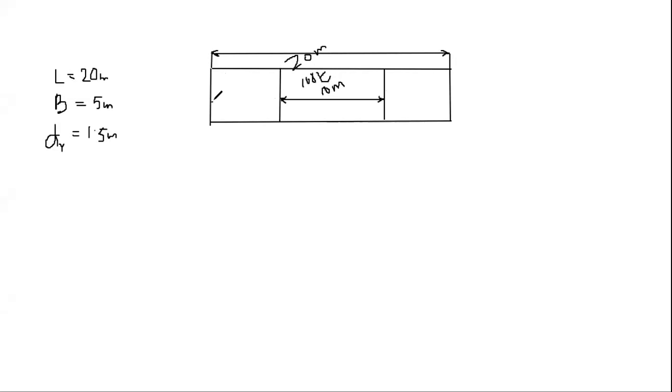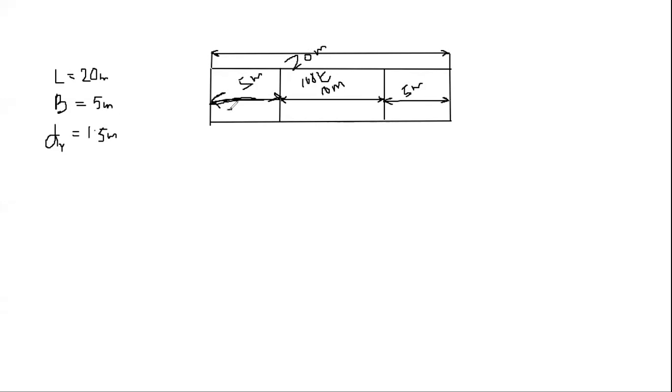And here this is our 5 meters, and this is our 5 meters. Here also we have loaded 75 tons of cargo uniformly over the quarter length at each end.